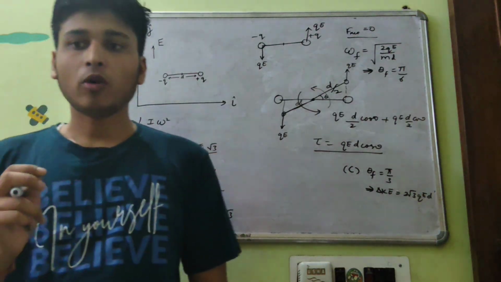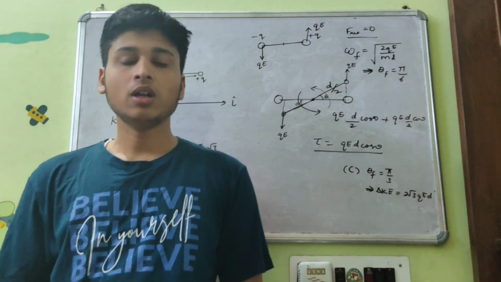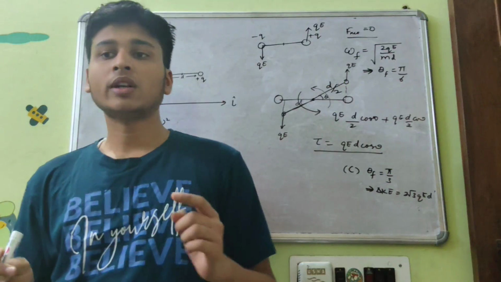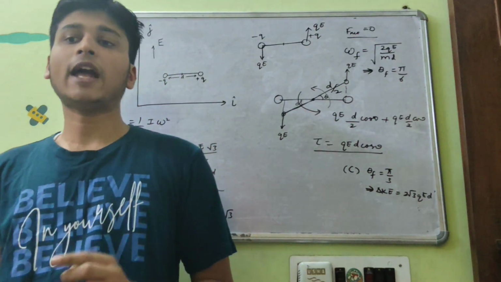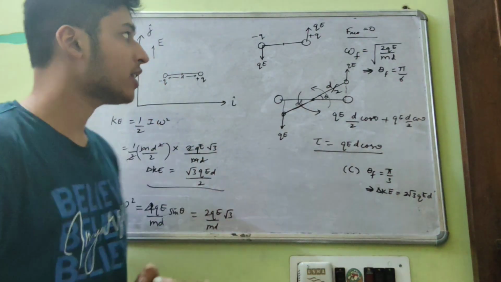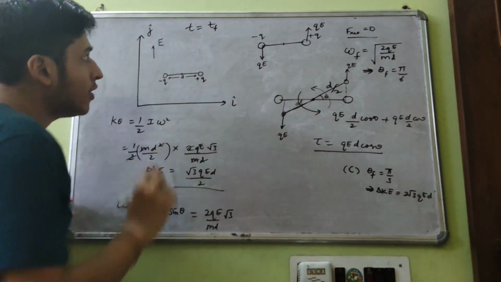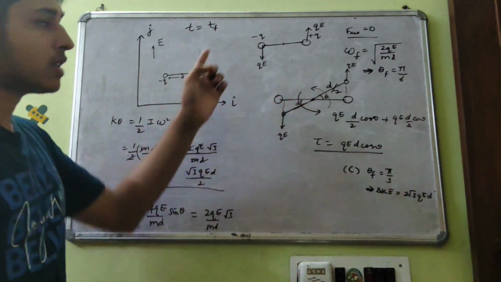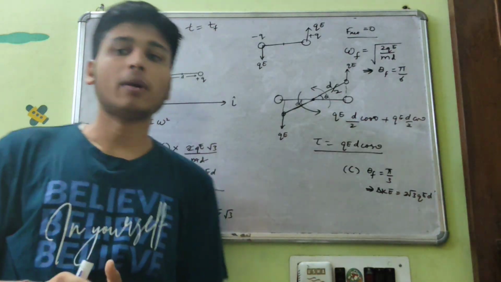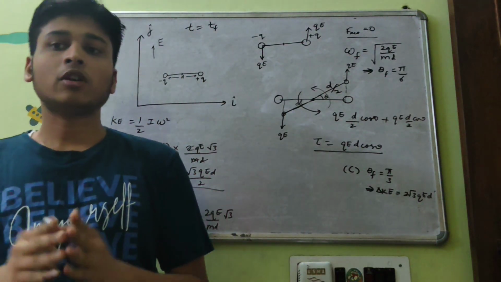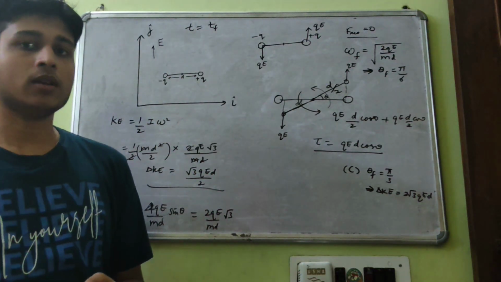Option D. For theta f equal to pi by 4, the dipole rotates around its center of mass with constant angular velocity after t greater than tf. So t equal to tf is the time when this electric field is switched off. After this time, if theta f is pi by 4, then it will rotate with constant angular velocity.